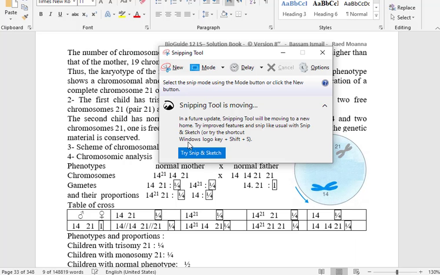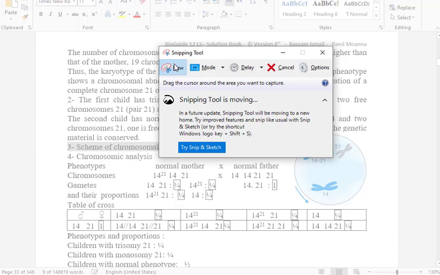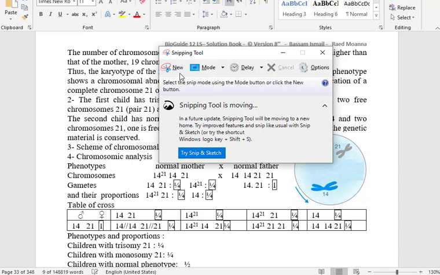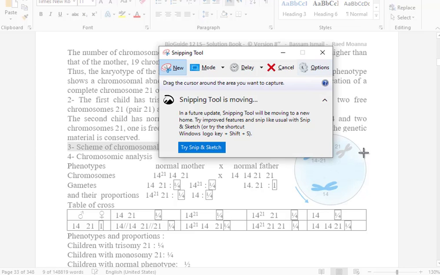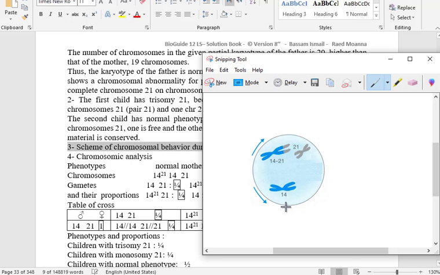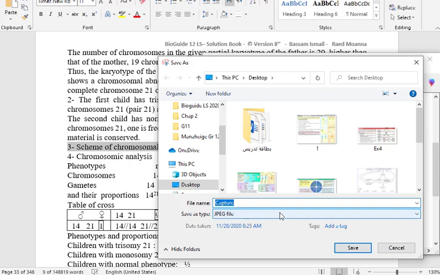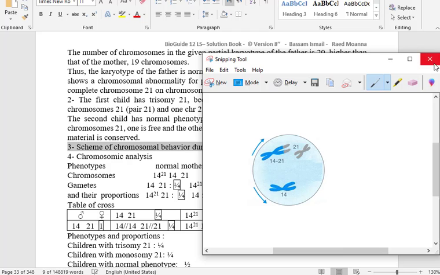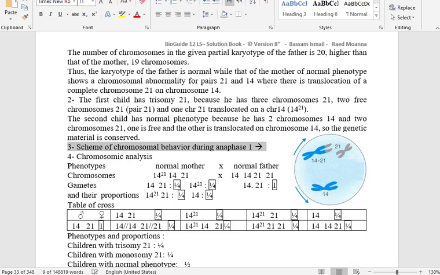And I will send you now the picture. Sorry, not this one.